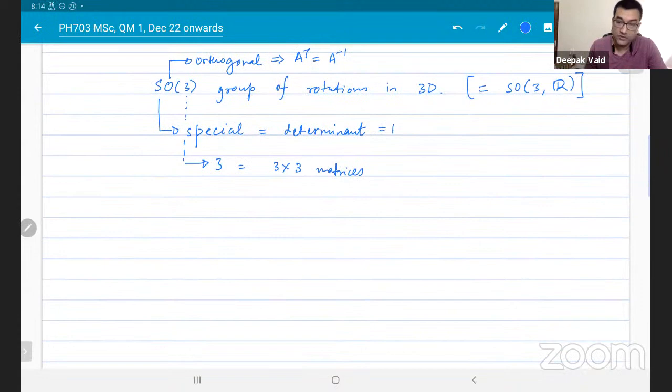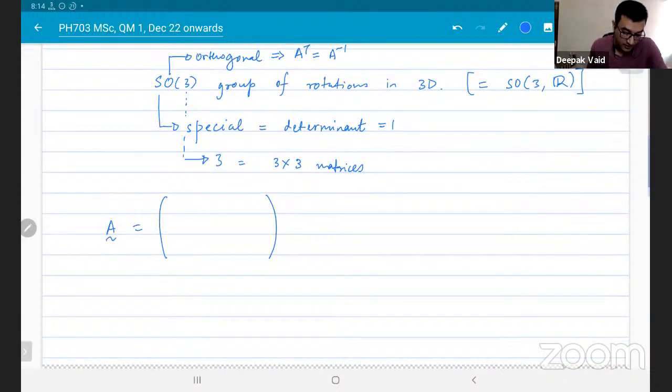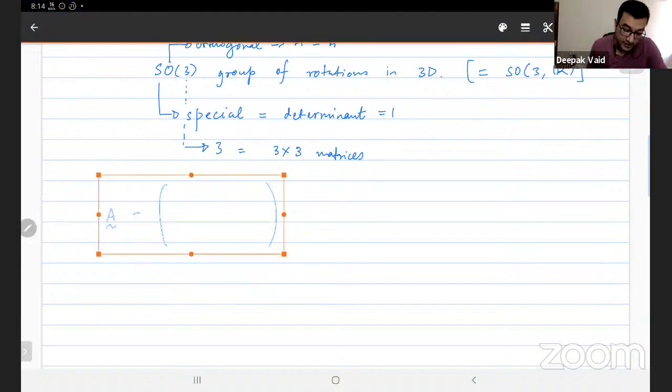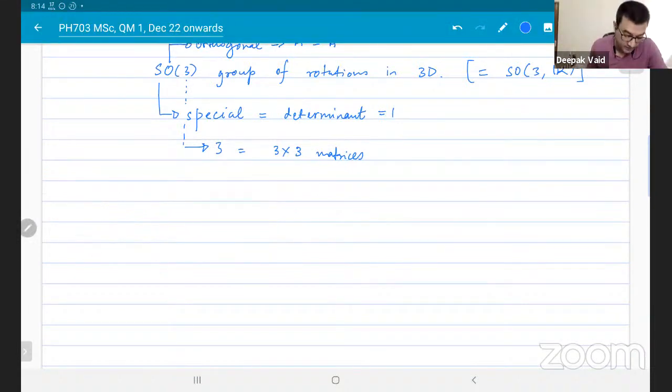Okay. Now this orthogonality condition, by the way, what does it mean? It means that if you look at this group, if you look at some matrix, which is some member of this group, or more precisely, an element of one representation of this group. Group elements are abstract objects, right?